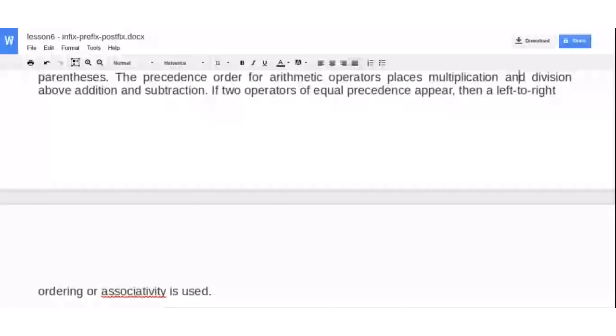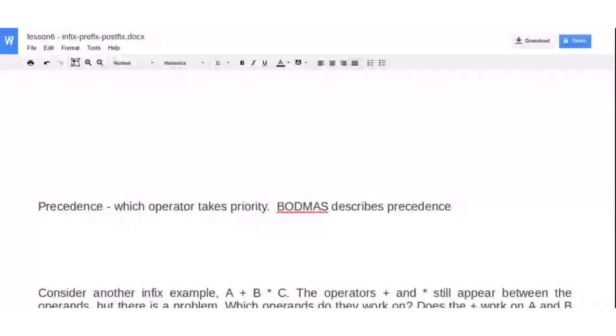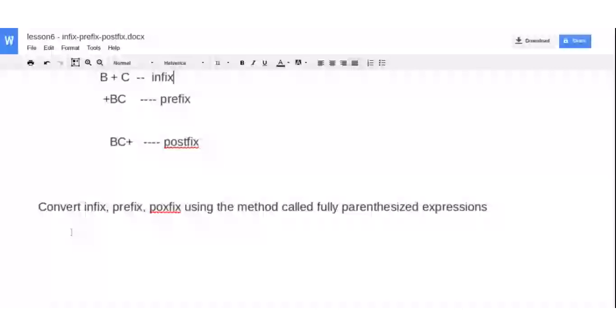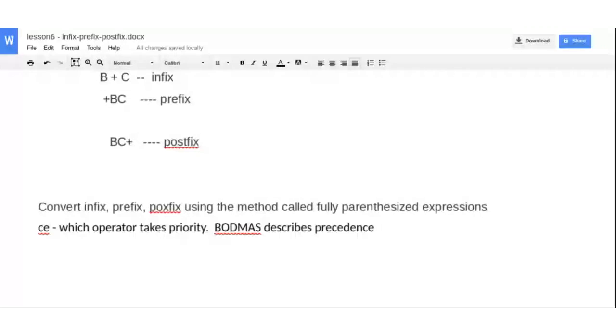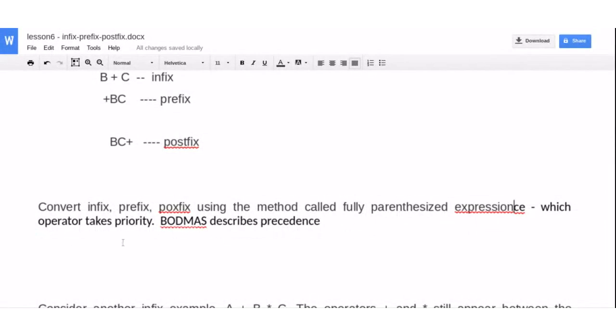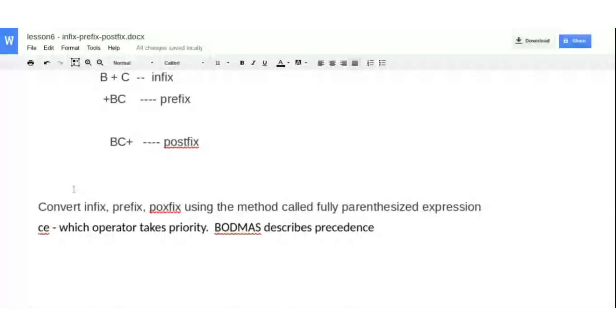Anyway, sometimes we do have expressions where we have brackets, and according to BODMAS, brackets have the highest precedence in an expression.